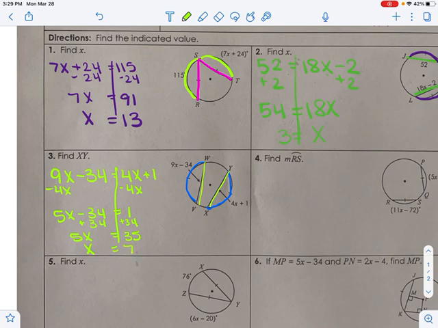Divide by 5, x equals 7. Notice in this case it says to solve, so plug it back in. Instead of 4x, 4 times 7 plus 1, PEMDAS, 28 plus 1 equals 29.